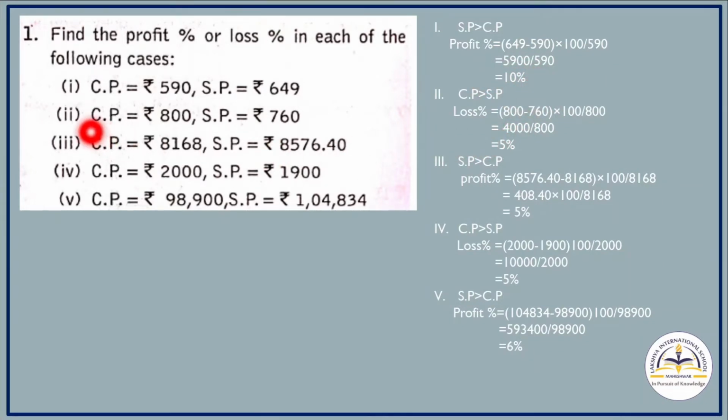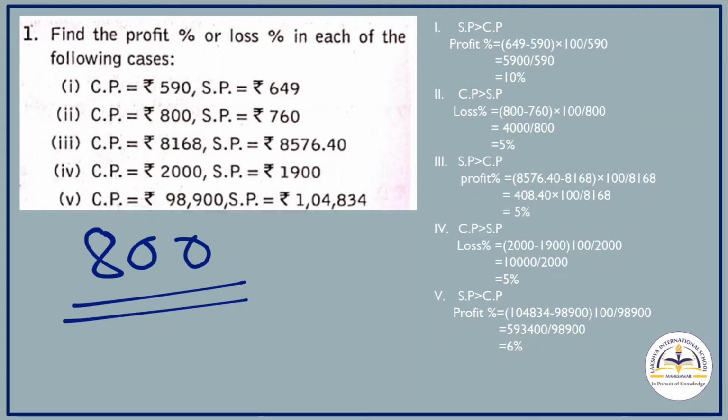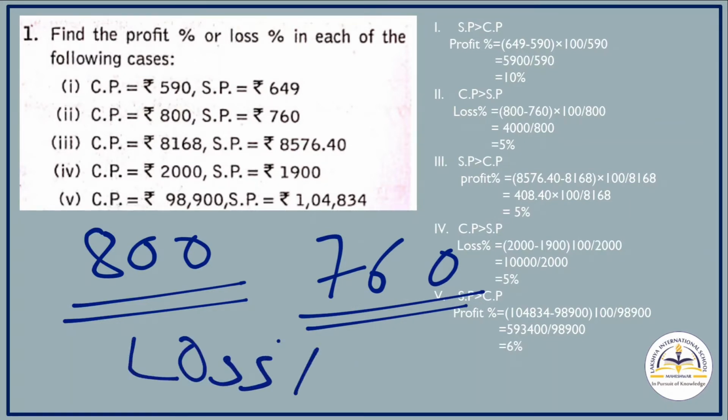Now for the second question, you can see 800 is the cost price and the selling price is 760. It means the shopkeeper purchased the product at 800 and sold it at 760, so he gets a loss. In this question we will find out the loss percent.